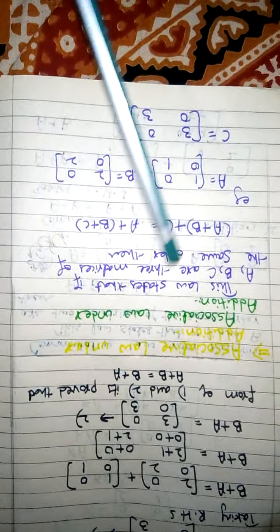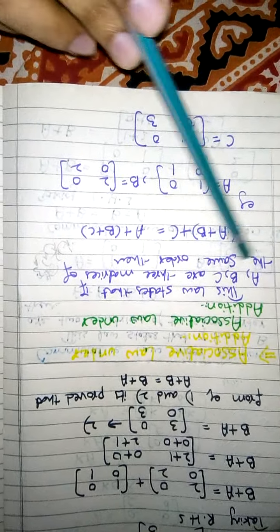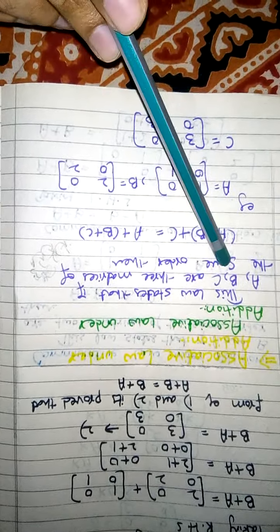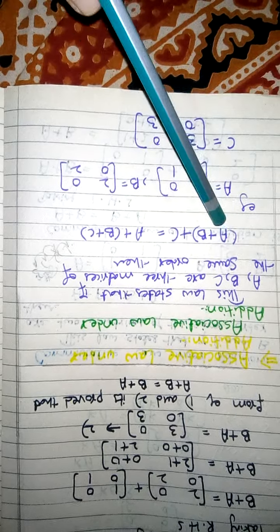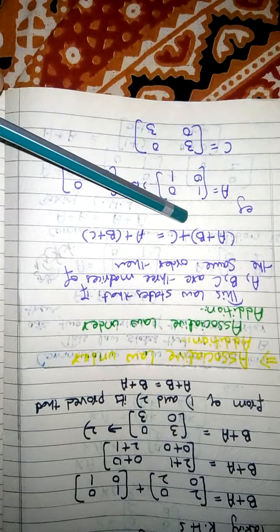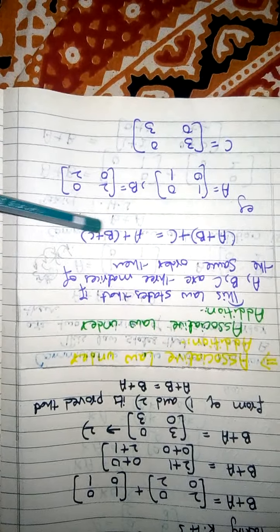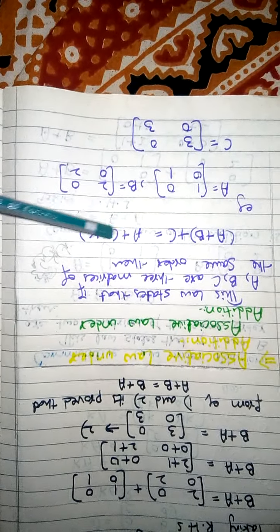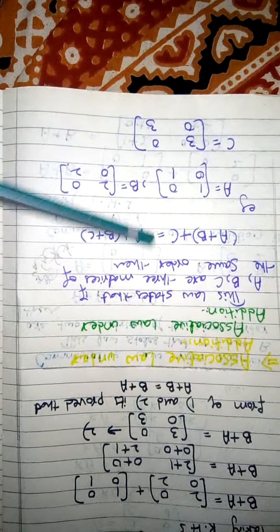So the associative law: you have three matrices of the same order. If you add the first two matrices and then add the third matrix, or add the last two matrices and then add the first matrix to this sum, the answer will be the same.